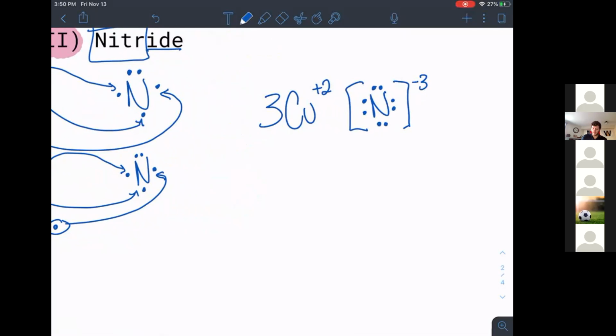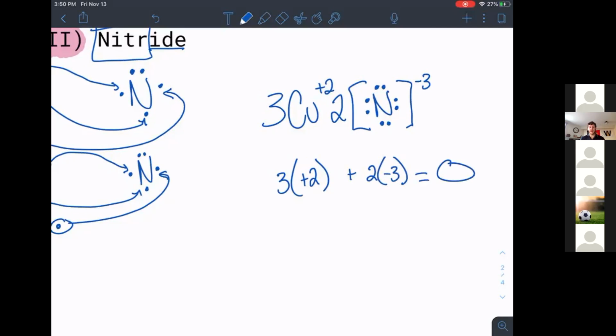We have 2, so we're going to put a 2 in front. Let's double check that our charges add up to 0. We have 3 times that +2 plus the 2 -3s. What does that add up to? 0. So we did it correctly.